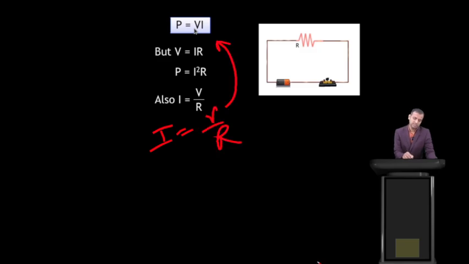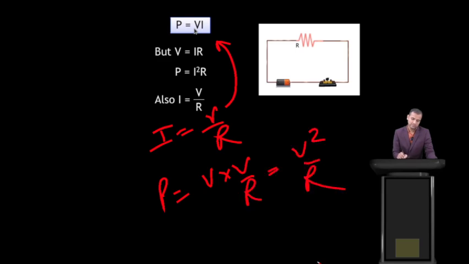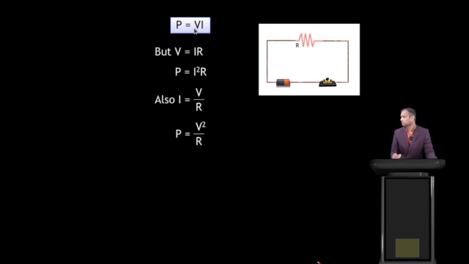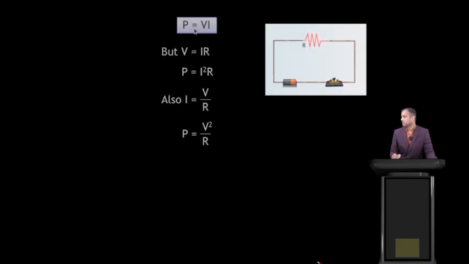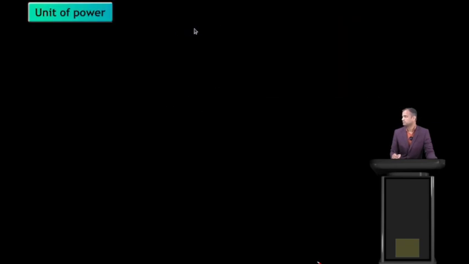So P equals V into V over R, which is V square over R. So this is the formula to find the power in any electrical appliance.